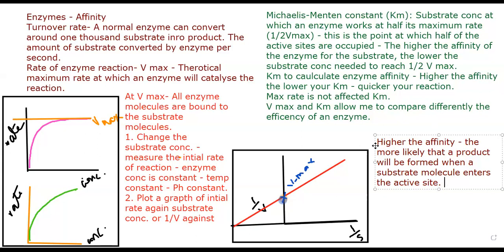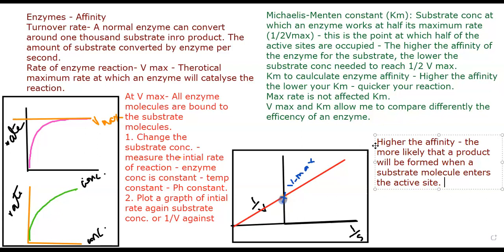So Km is going to be how quickly the speed of the reaction is increasing. So when I'm increasing my substrate from 1 to 2 to 3 to 4 to 5, how quickly the speed is increasing. That is Km. And what is the maximum possible speed I can get? That is Vmax. And they're not going to affect each other, right?